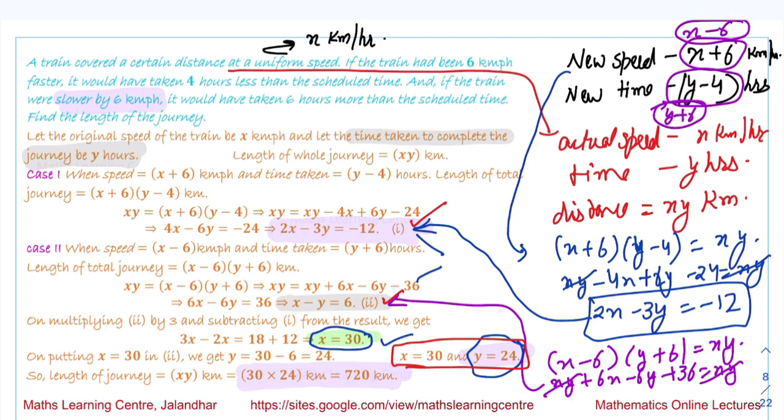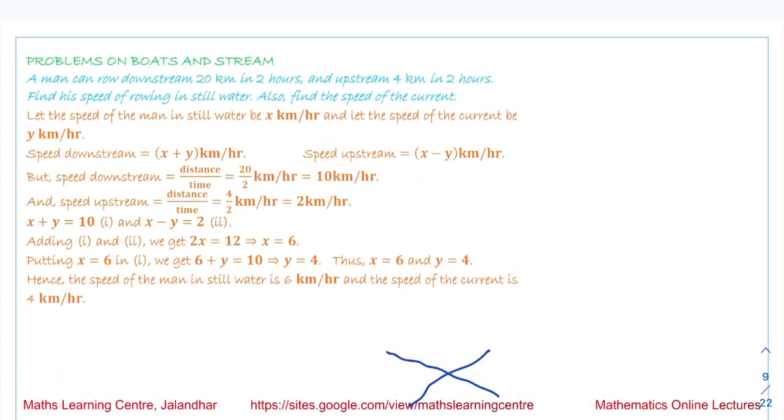Next is problems based on boats and stream. Before we start this, we are going to talk about some basic terms over here. Suppose a stream is there and the water is flowing in this direction.